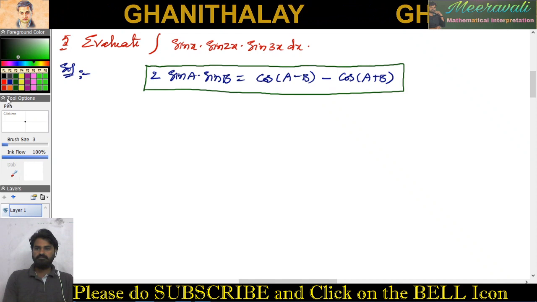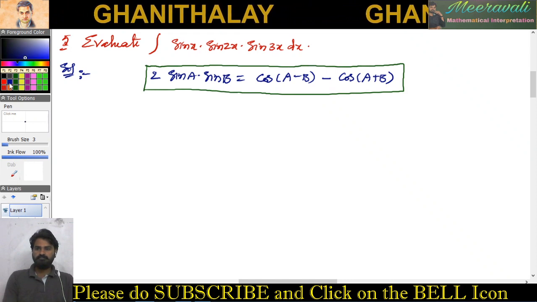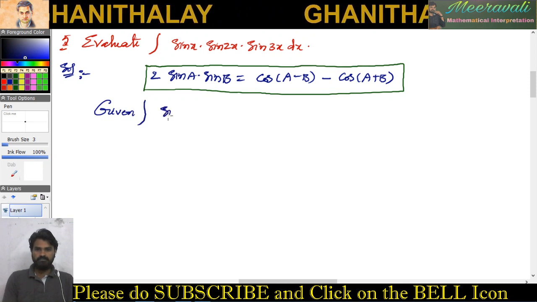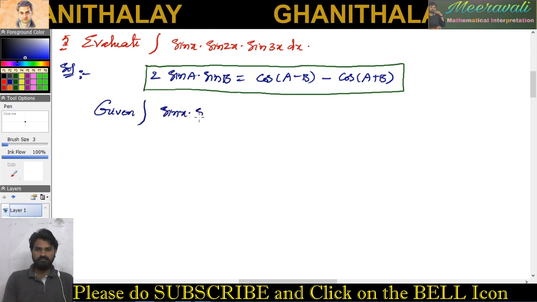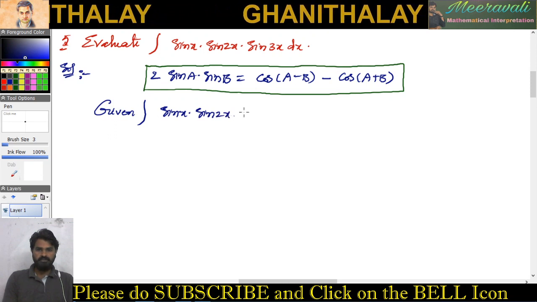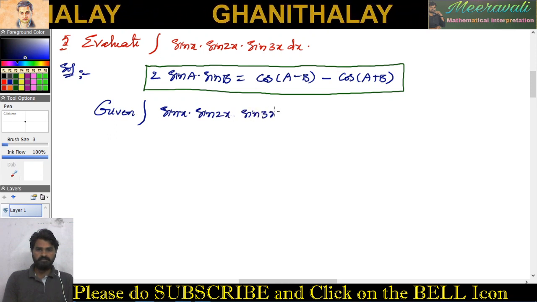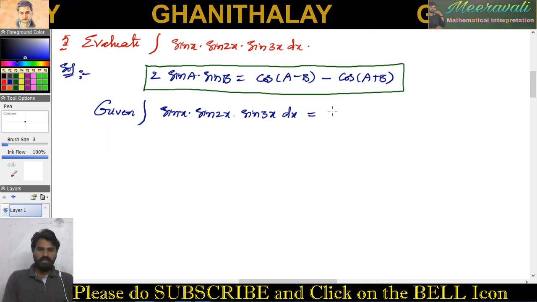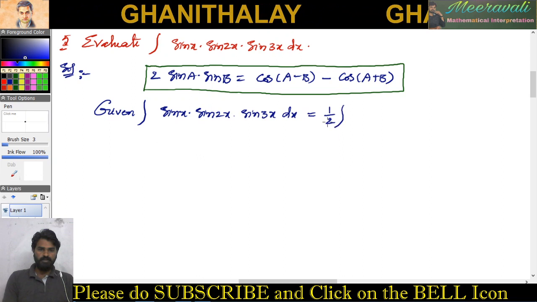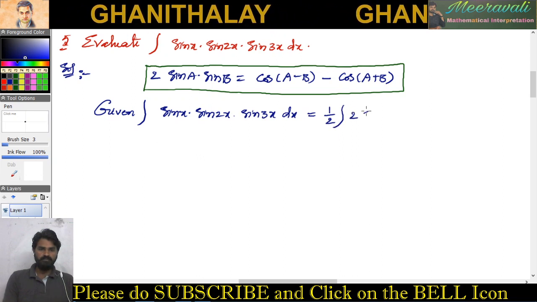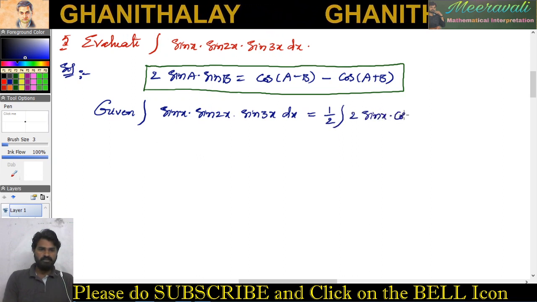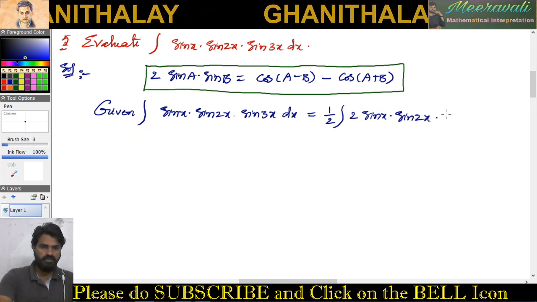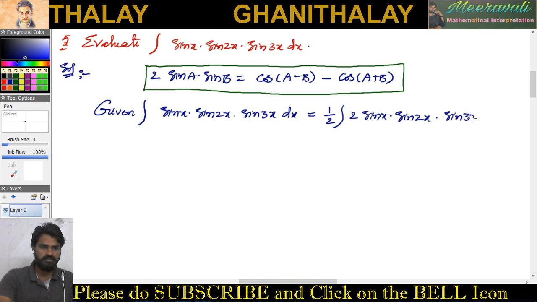Now put here the given integral sin x into sin 2x into sin 3x. So this will be taken as by taking 1 by 2 here and multiplying 2 here, sin x into sin 2x into sin 3x. This is the problem we have.